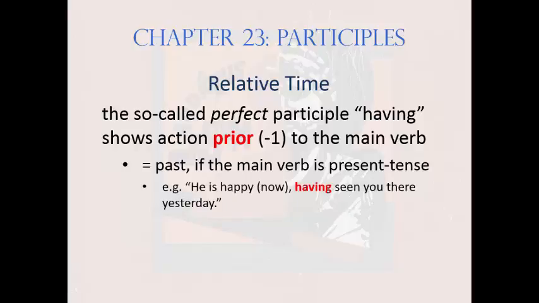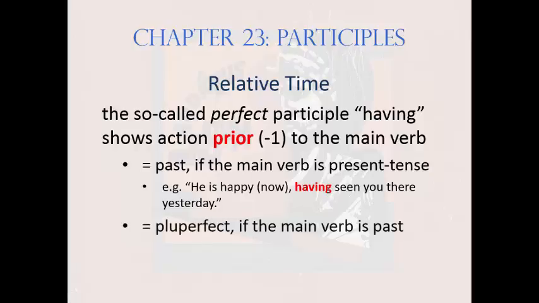For example, he is happy now, that is, in the present, having seen you there yesterday in the past. The main verb is +0, the participle is -1, so the participle's action is actually taking place one step back in time from the present, -1.